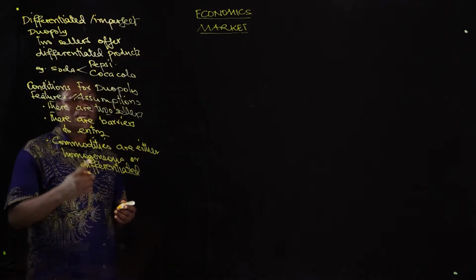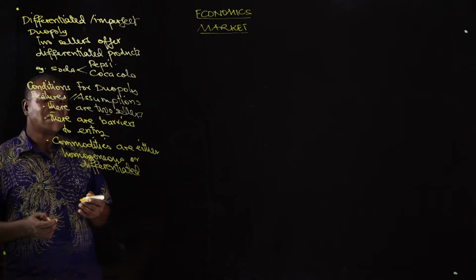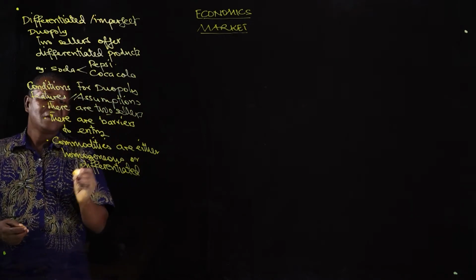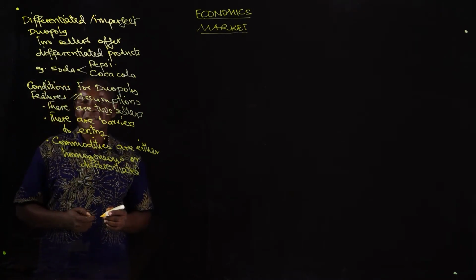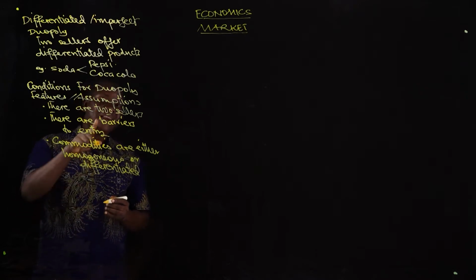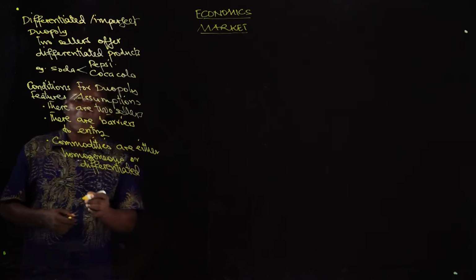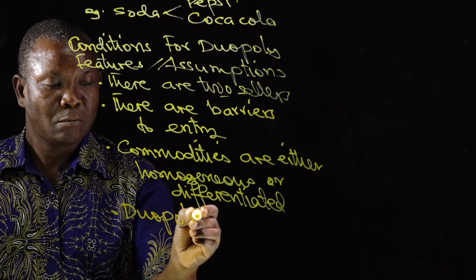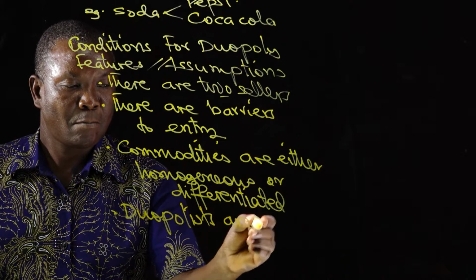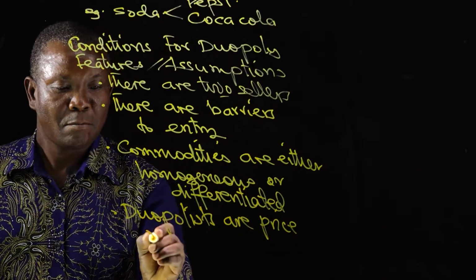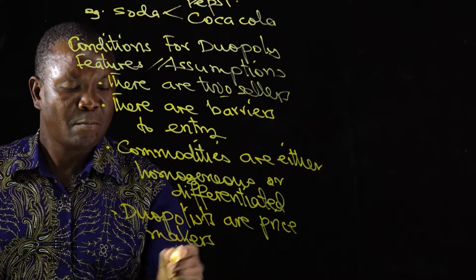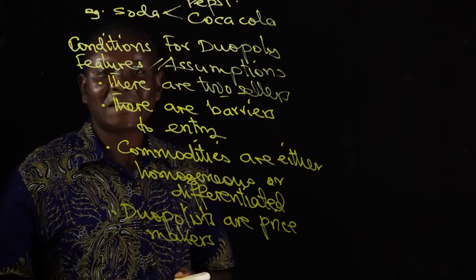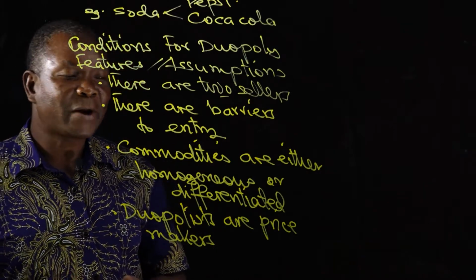Commodities can either be homogeneous, where you can't distinguish the product of one supplier from another one, or they can be substitutes, differentiated commodities. And these two sellers have the power to influence the price. The duopolists are price makers, have the power to determine the price of the commodity.